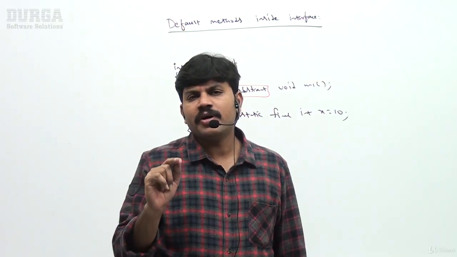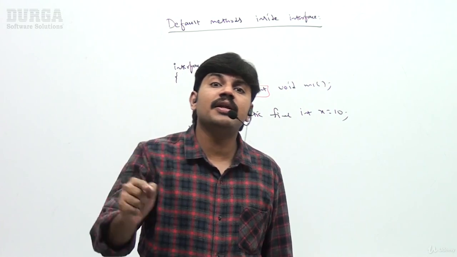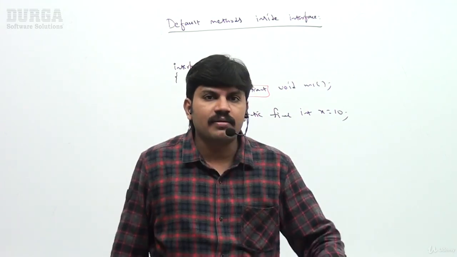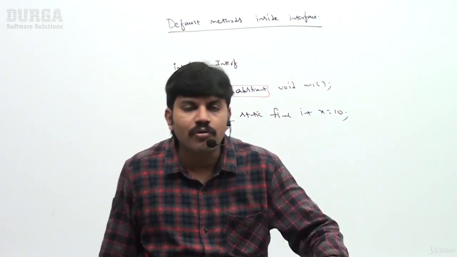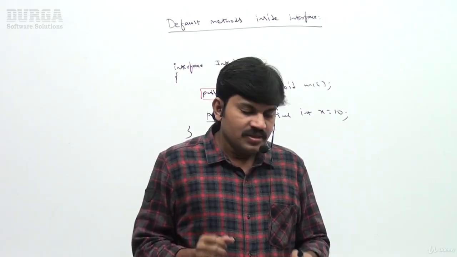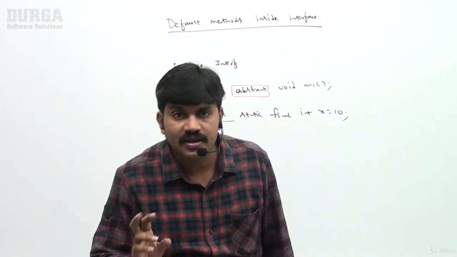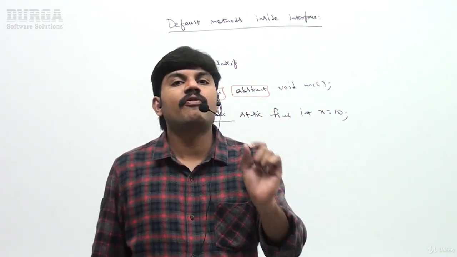But this rule is applicable until 1.7 version only. From 1.8 version onwards, we can happily declare concrete methods also inside an interface. How can I declare a concrete method inside an interface? What is the need of this new concept? That part I will discuss. The concrete methods which we are allowed to declare inside an interface are by default considered as default methods.